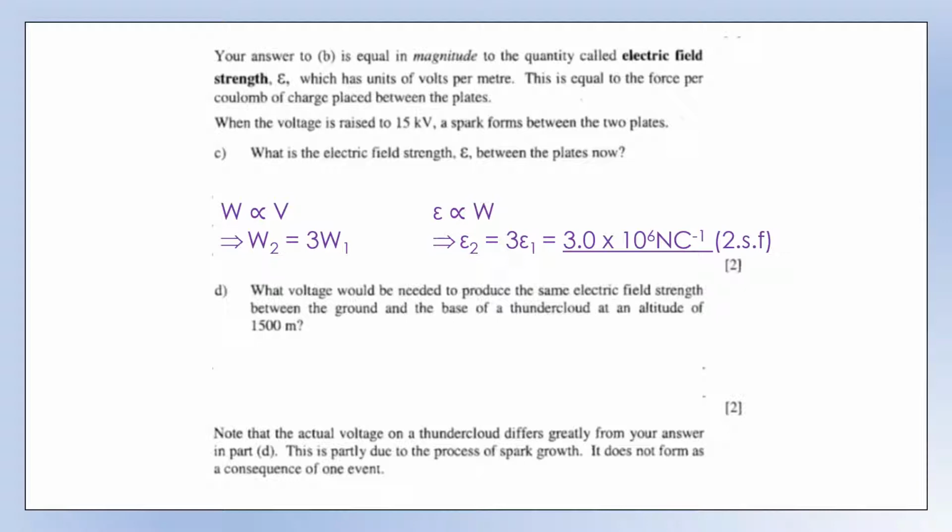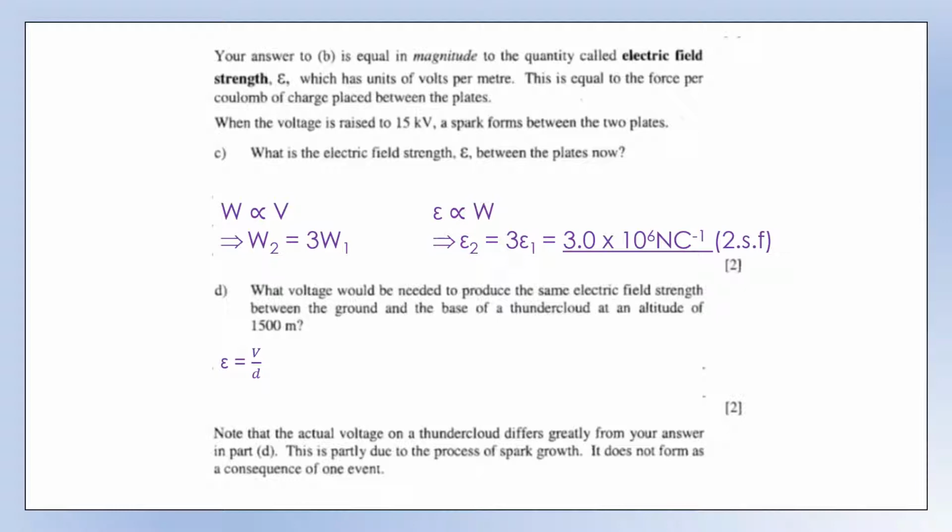It's the same thing. What voltage would be needed to produce the same electric field strength between the ground and the base of a thundercloud at an altitude of 1,500 meters? Okay, so all we've got here is this expression, and this essentially comes from what we had before.